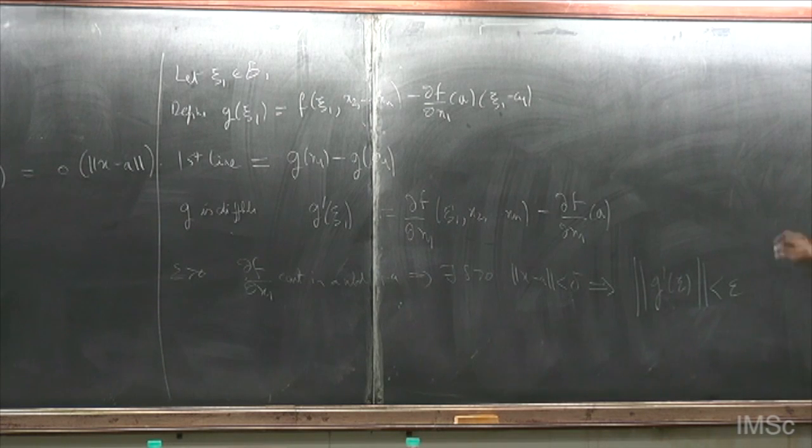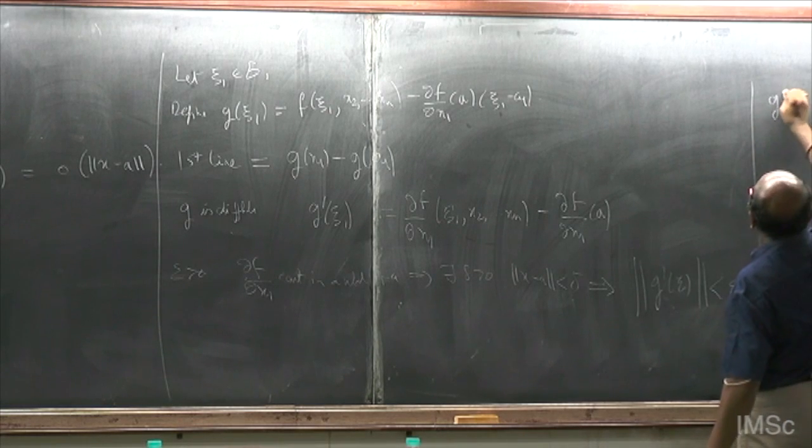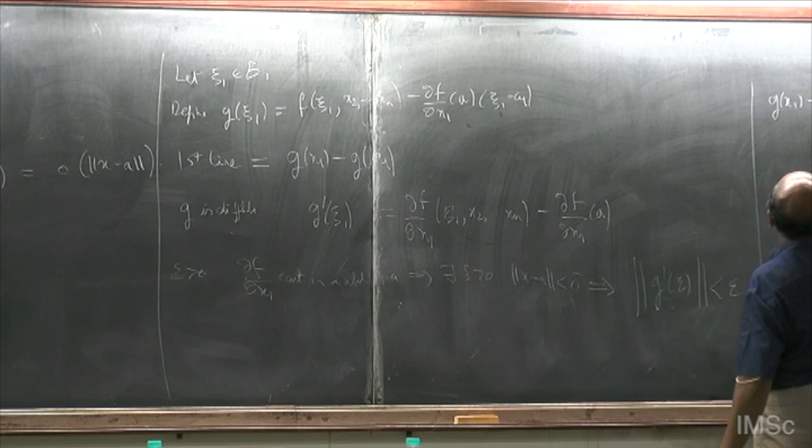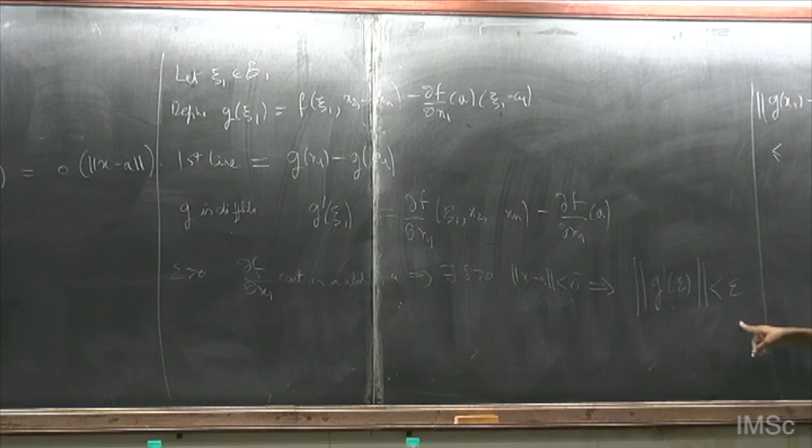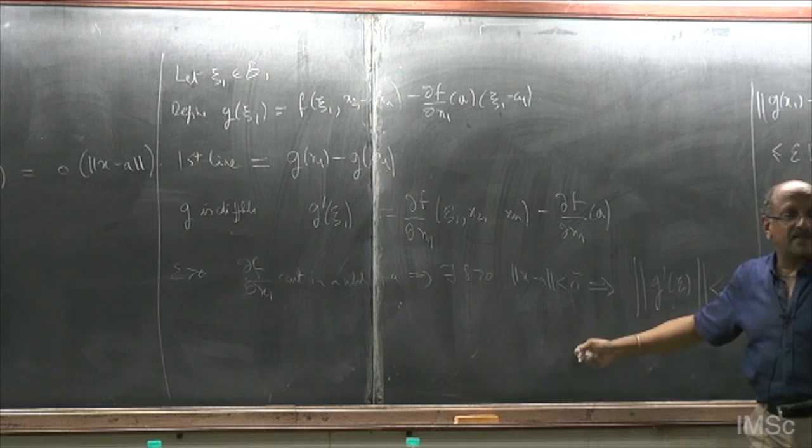So what does it mean? Therefore g of x1 minus g of a1, by the mean value theorem, is less than or equal to the supremum of the derivatives times x minus a. But the derivative is always less than epsilon, so it is less than epsilon times norm of x minus a in a neighborhood, that is, norm x minus a less than delta.